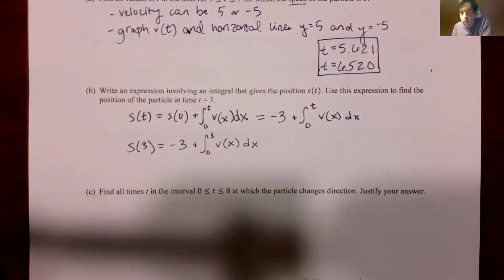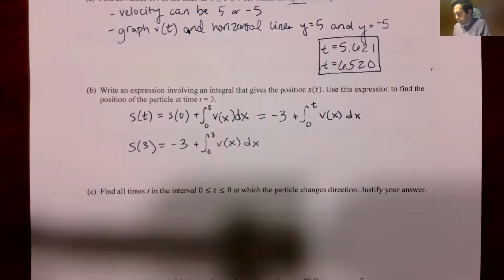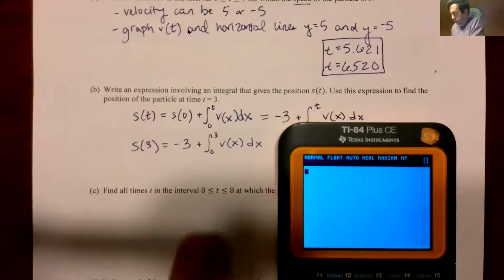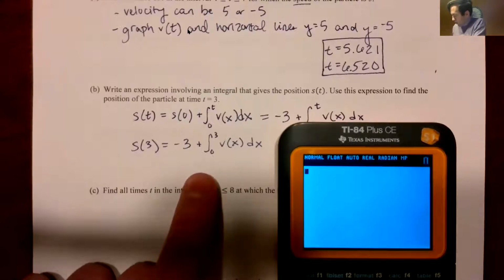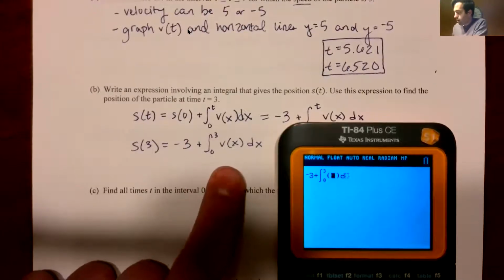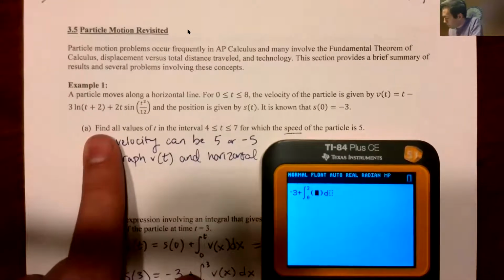Okay, and we can use technology to help us with this. So if we go back over here to the calculator, I can plug this whole thing in here, and it'll give me the answer, right? So I can start with negative 3 plus, and I'm going to have my integral here with my bound. So I'm going to plug in 0 and 3. And for v of x, I'm going to plug this whole function in again. So we have, and I'm using x instead of t.